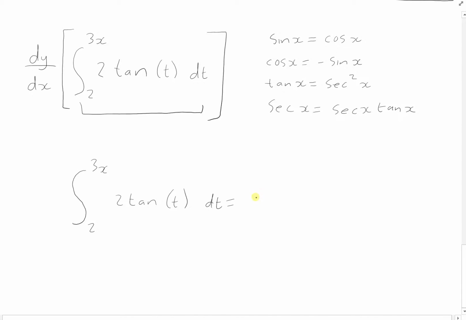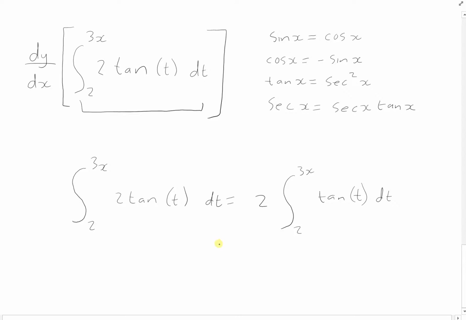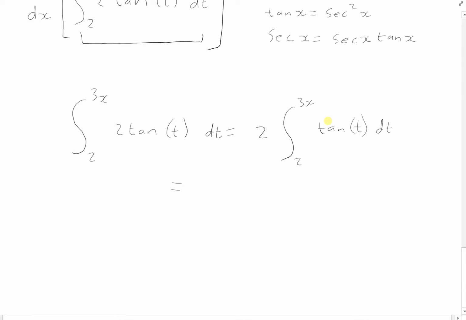First things first, I'm going to make my life easier by taking out the 2, because I'm allowed to, and I'll have 2 times the integral from 2 to 3x of tan of t dt. Let me see, what can I do? I'm going to use some trig identities to break down this tan.